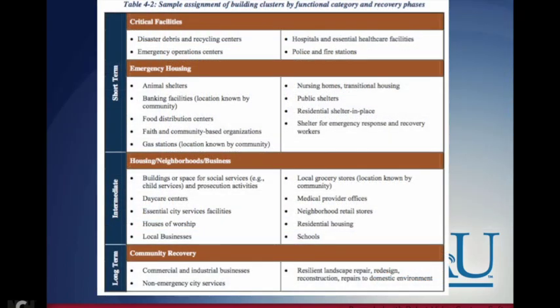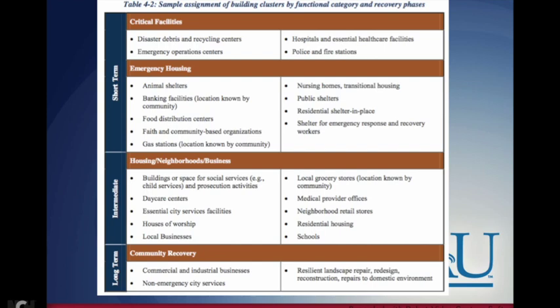And here are some sample assignments of building clusters by functional category and recovery phases. In the short term, critical facilities include disaster debris and recycling center, emergency operations centers, hospitals and essential healthcare facilities, and police and fire stations.